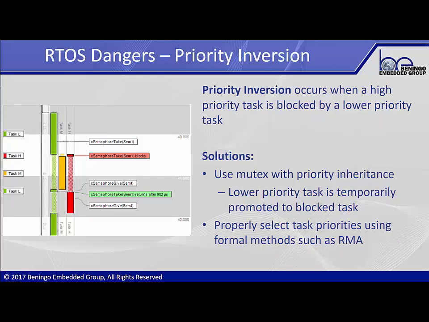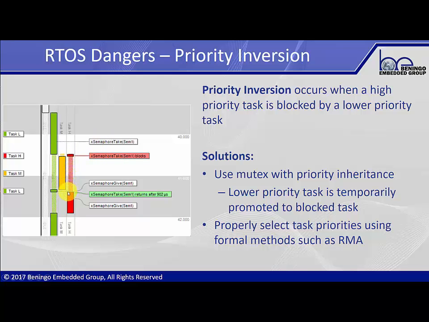Probably one of the most heard of issues is priority inversion. Priority inversion occurs when a high priority task is blocked by a lower priority task. As you can see here in this trace data, this low priority task starts executing. It takes a semaphore. It gets preempted by a higher priority task, which then tries to get that exact same semaphore. It becomes blocked, so we can see here that it's blocked.